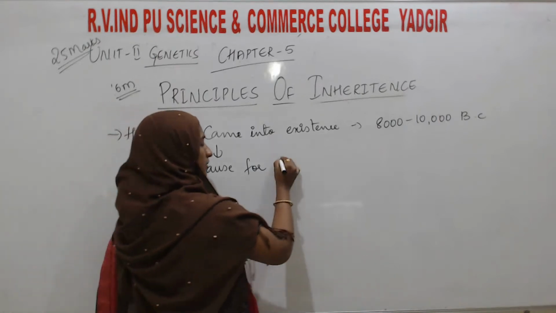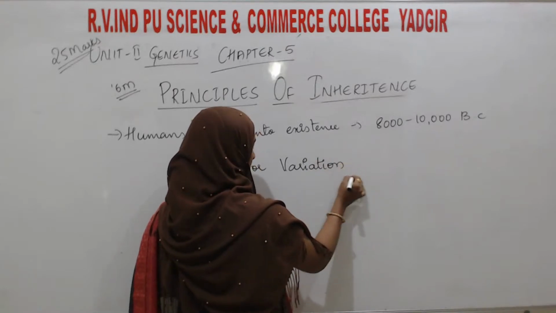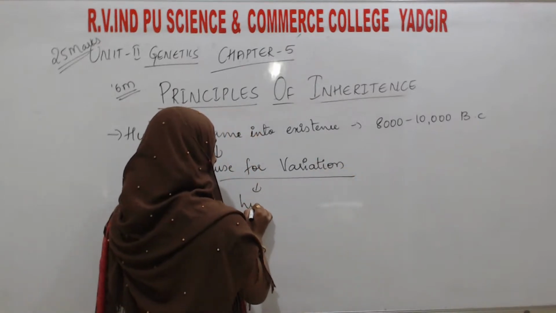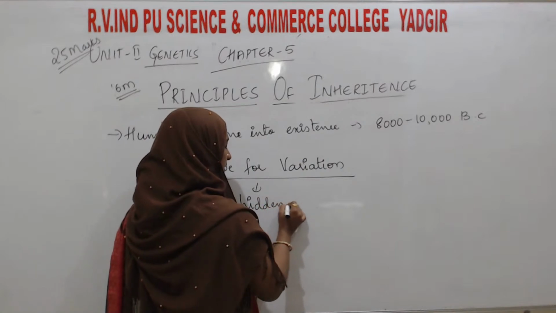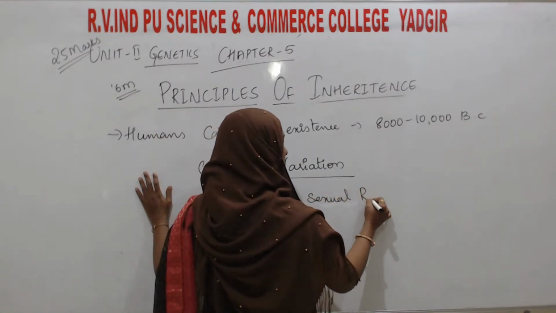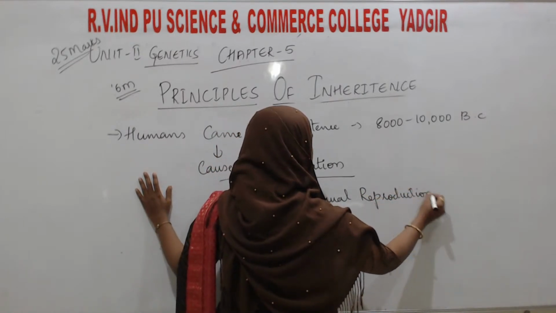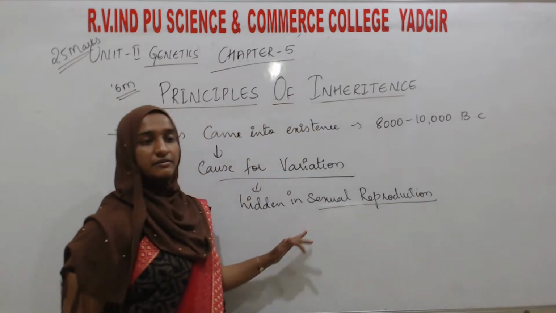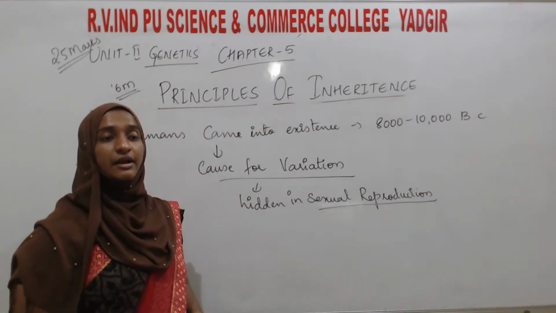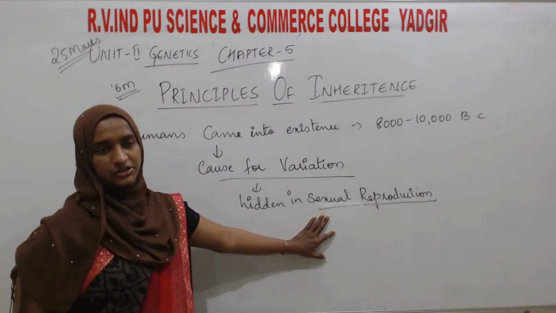Causes for variation: this is hidden in sexual reproduction. Where is it hidden or where is it associated? This variation is associated with sexual reproduction.